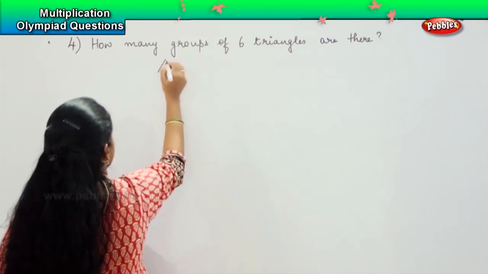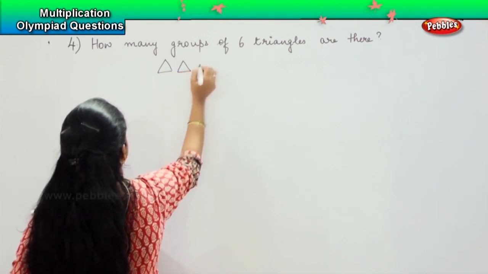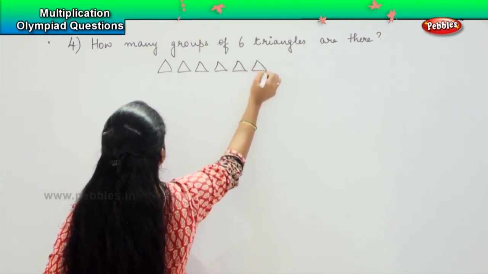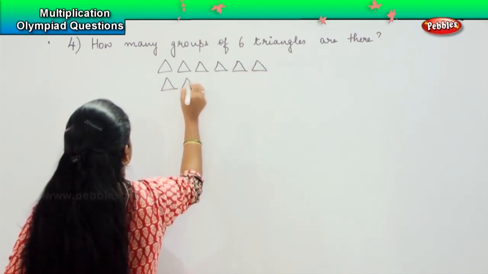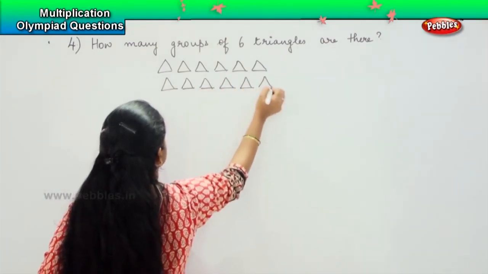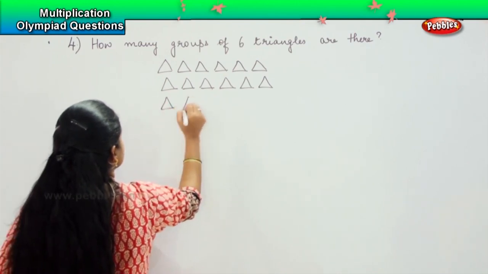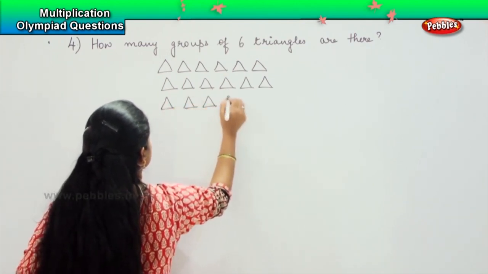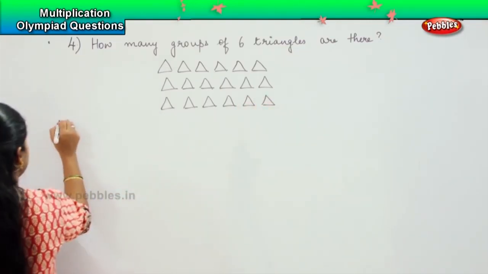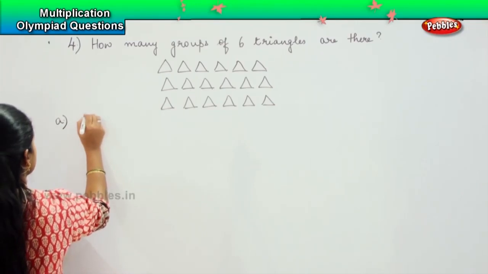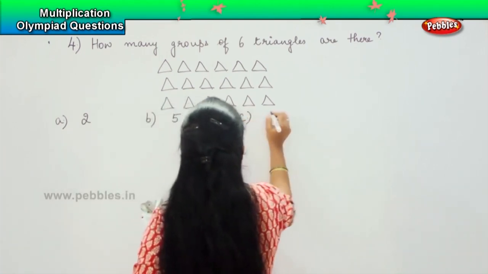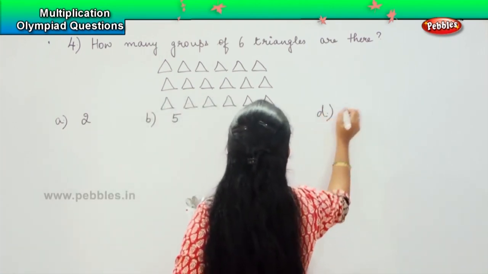Okay, so I am going to draw few groups with 6 triangles in each. Okay, and your options are A 2, B 5, C 3, and D 6.